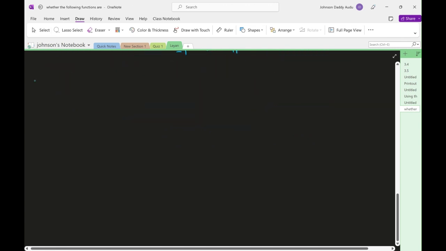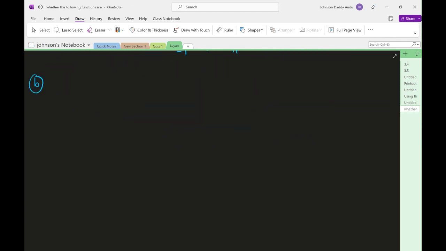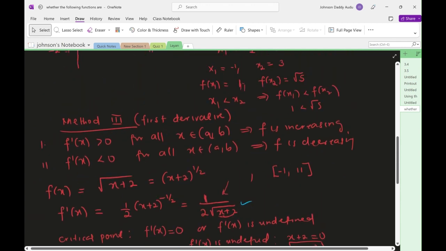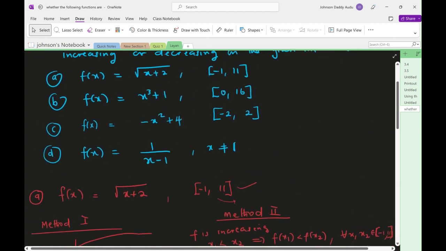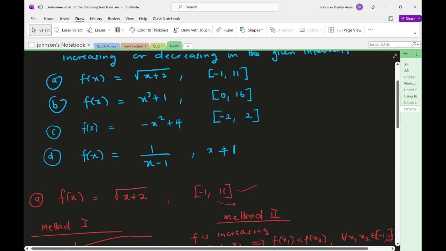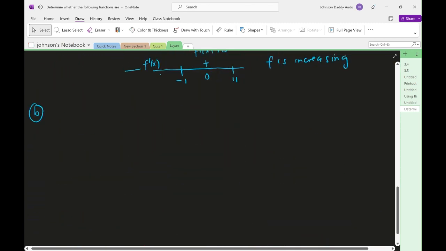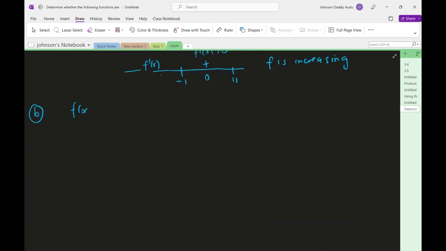Okay, so let's go to question number 2, or question B. If you look at question B, f of x is equal to x cubed plus 1, but now on the interval 0 to 16.